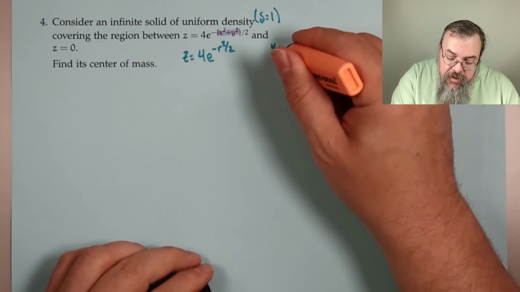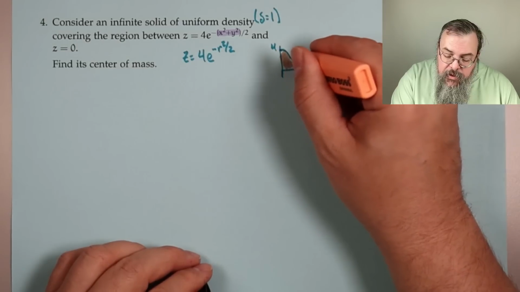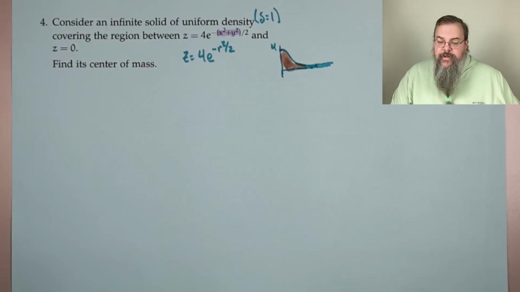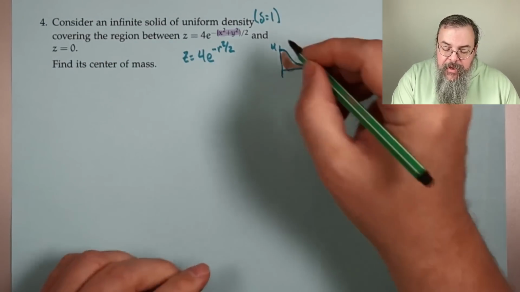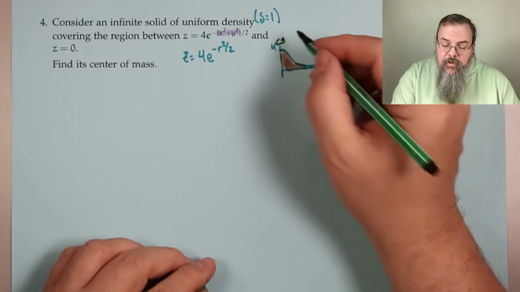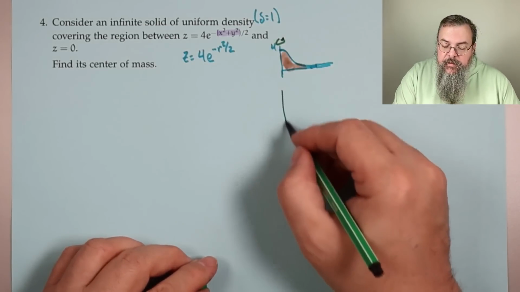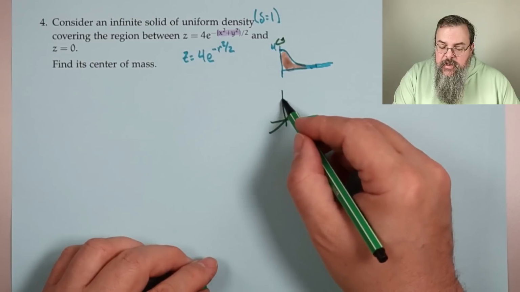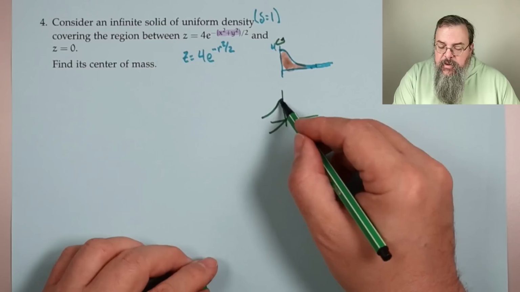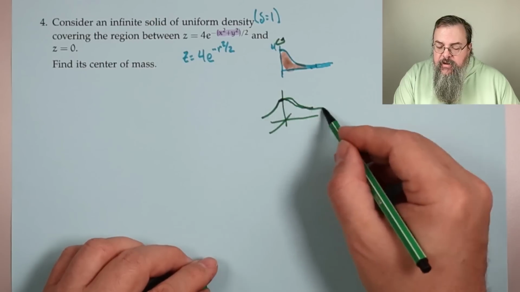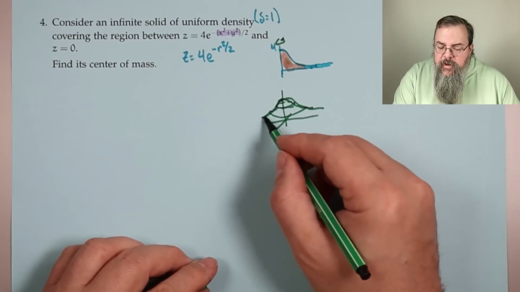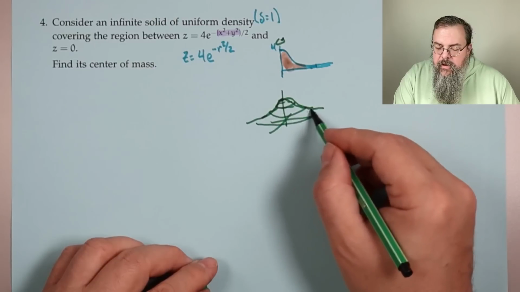You say, all right, now what are we going to do? Well, we're going to spin it and ask what's happening in 3 dimensions. So what do we get in 3 dimensions? Well, we get essentially a 3-dimensional bell, but it's quickly going to 0.